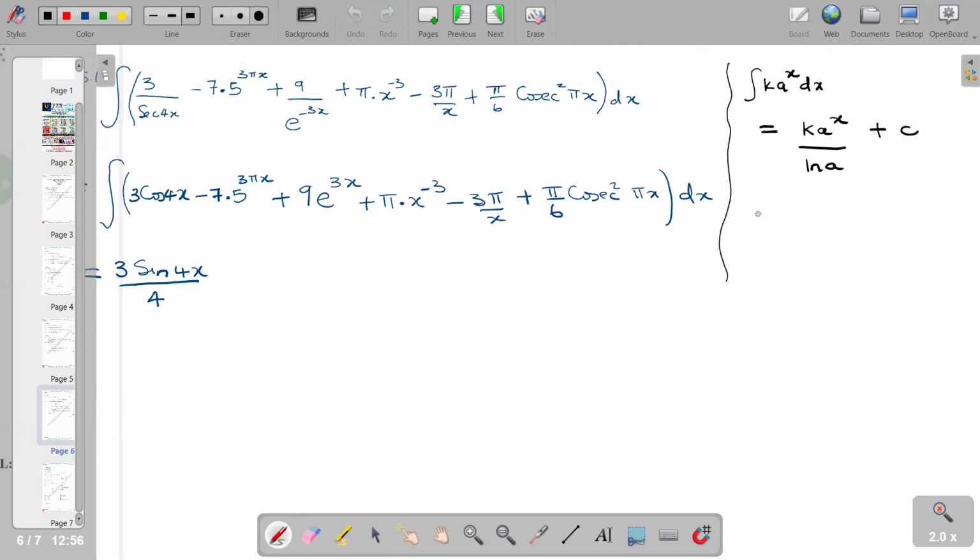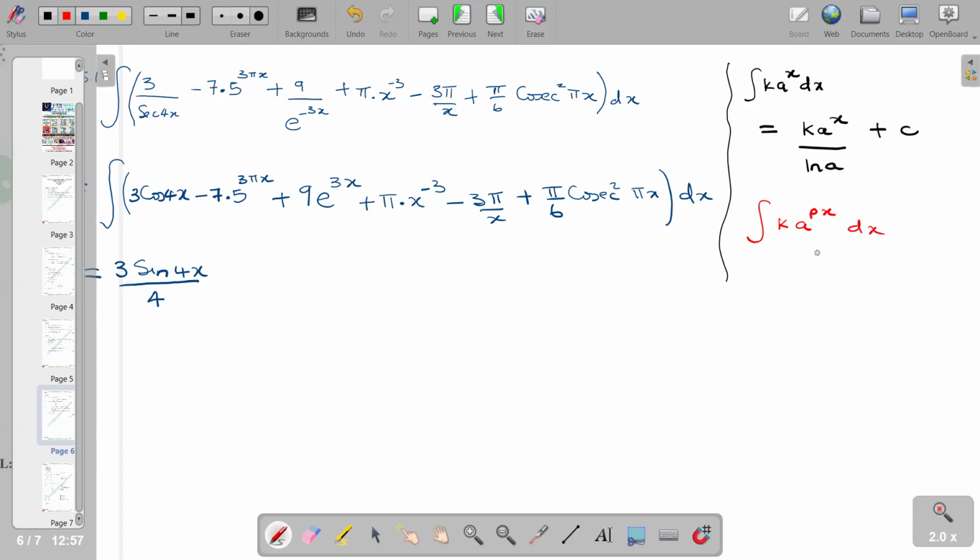Then using that, when there's a coefficient there, let's say we are required to integrate k a to the power px with respect to x, meaning the x which is the power, our exponent, is having a coefficient which is not 1.